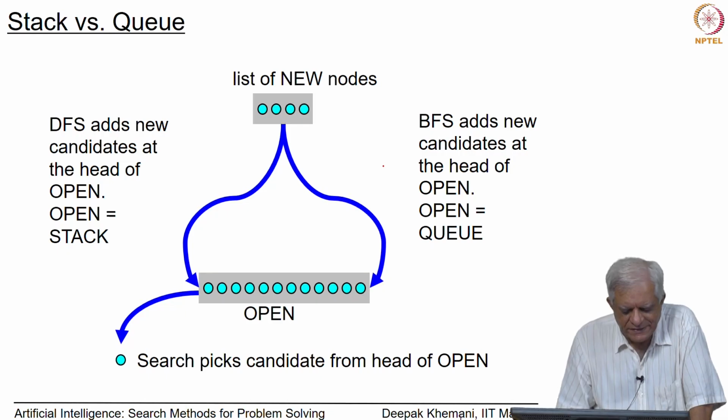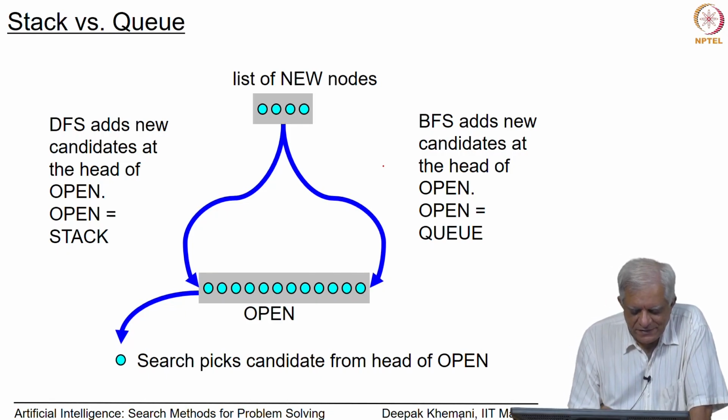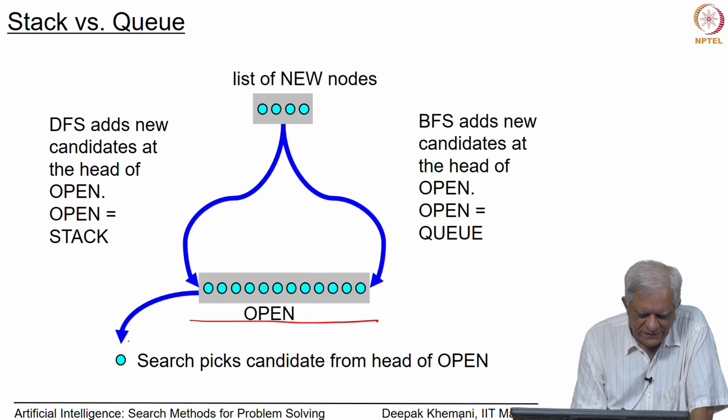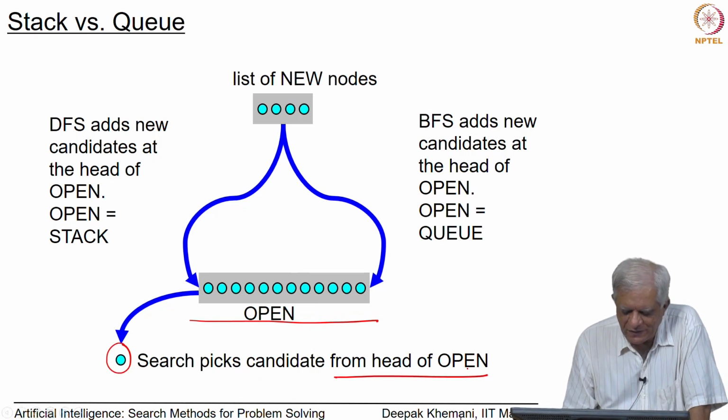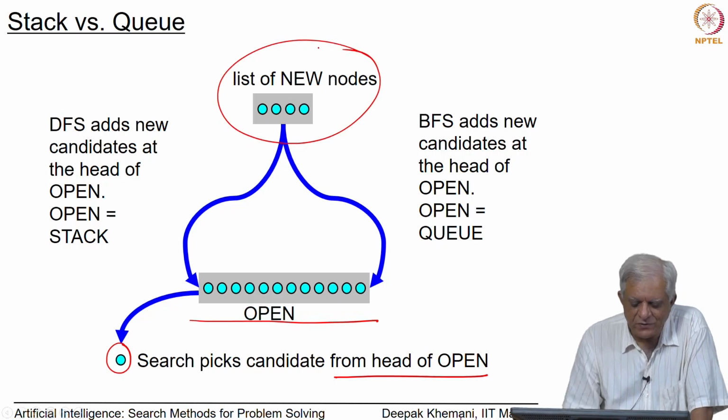What we just discussed is that this is the open list that we have, ordered from left to right. We extract the first element from the head of open, and then we call the moveGen function, which gives us a list of new nodes.